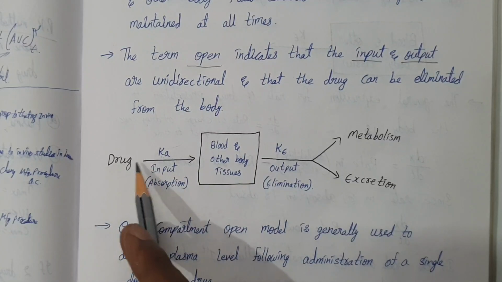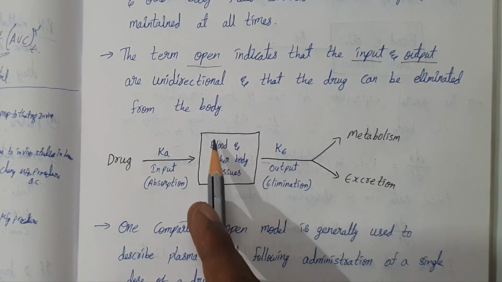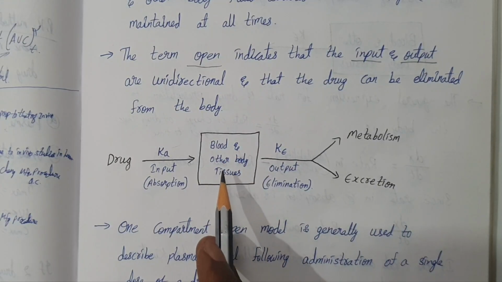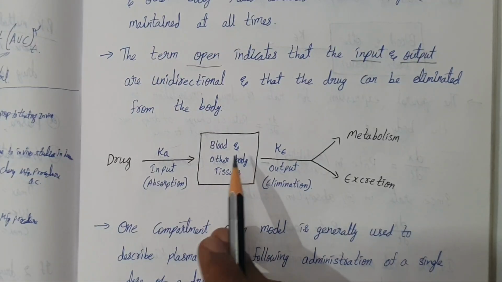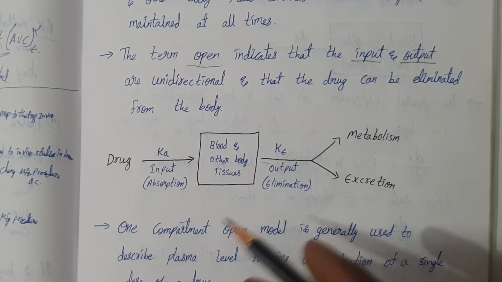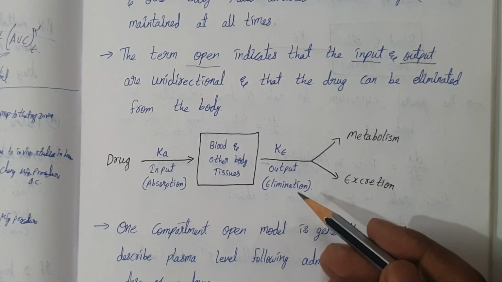Then what happens after absorption? The drug gets distributed in blood and other tissues of the body. So distribution occurs. After distribution, elimination occurs, through metabolism or excretion.